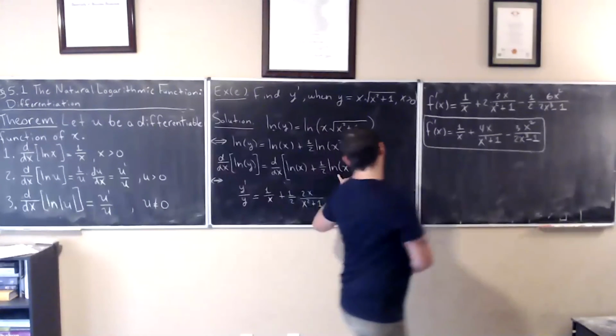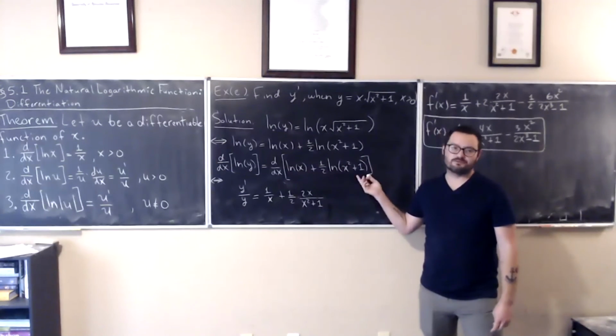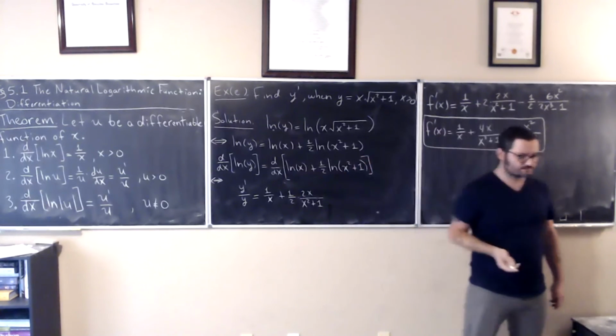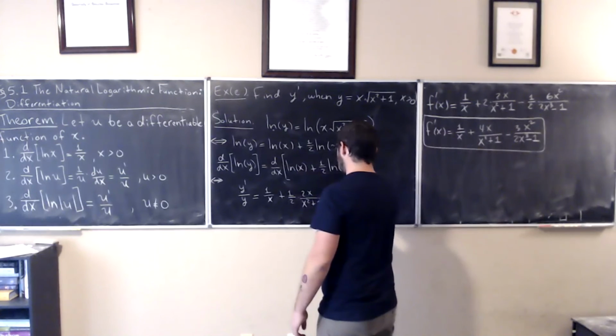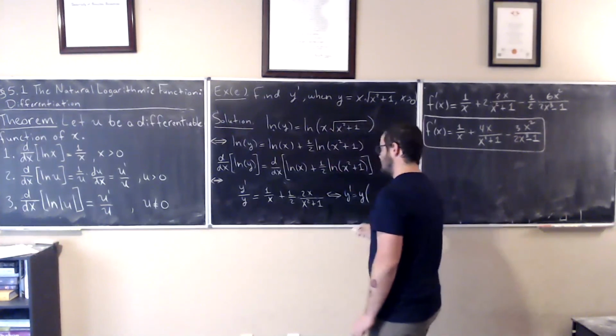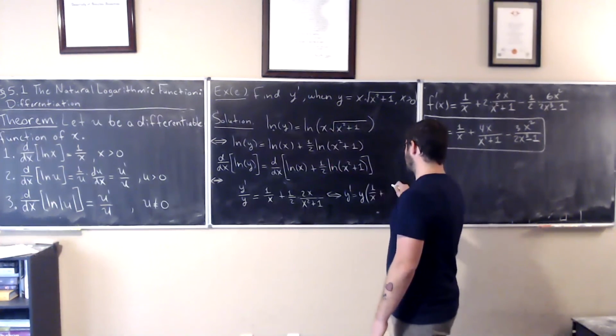Again, it becomes really easy when you're looking at natural logs. You take the derivatives, place that in the denominator, put the derivative in the numerator. So this looks like y prime is equal to y times 1 over x plus x over x squared plus 1.